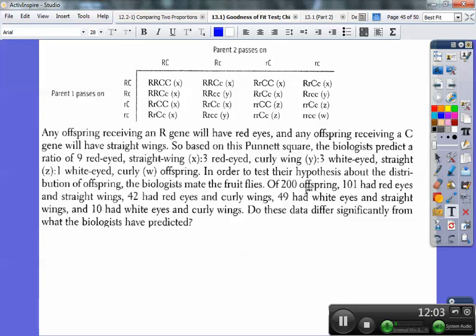These are my observed counts. So do these data differ from what the biologists have predicted?